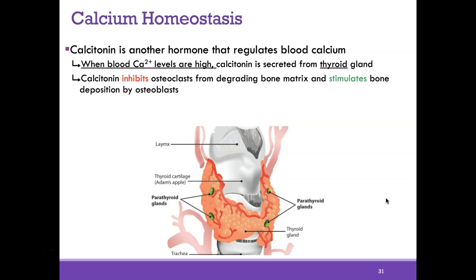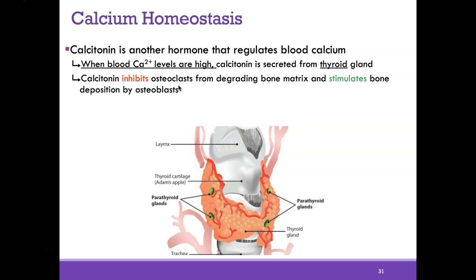Calcitonin inhibits osteoclasts from degrading the bone matrix, and it stimulates bone deposition by osteoblasts. So this is the opposite of calcitriol. Calcitonin inhibits osteoclasts so they can no longer break down bone. So this will make sure that our blood doesn't get any more calcium in it. Right? We don't want any more calcium if it's already high enough.